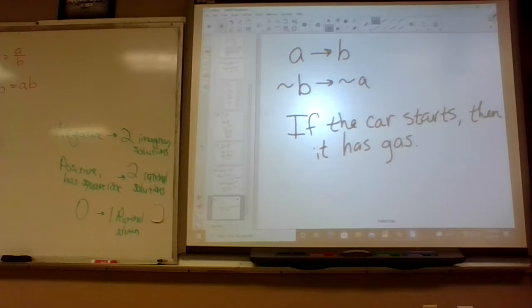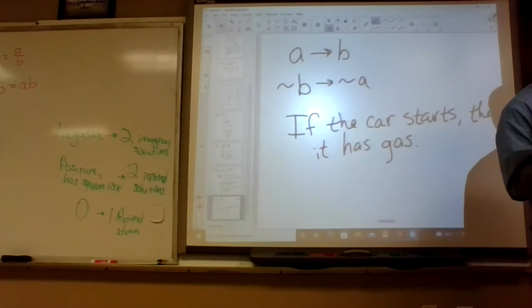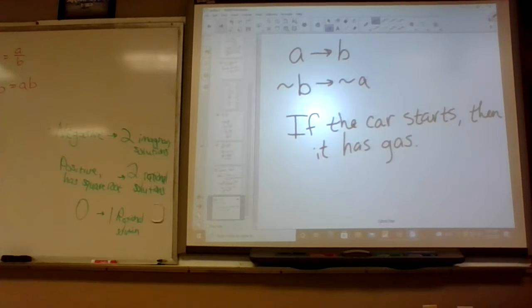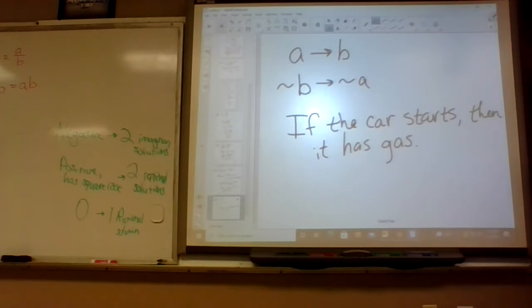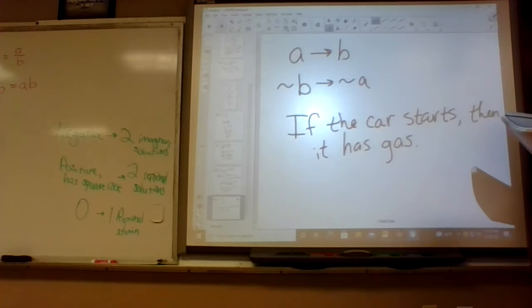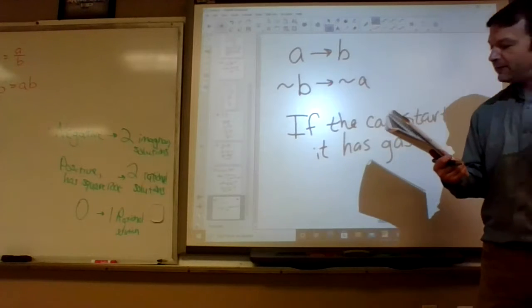The book actually put that it is not out of gas, but it's probably easier to say it has gas. On A, did you put less than or equal to? Yeah, the opposite of greater than is less than or equal to. On both of them, yes. Oh, but you also switched the. I know.